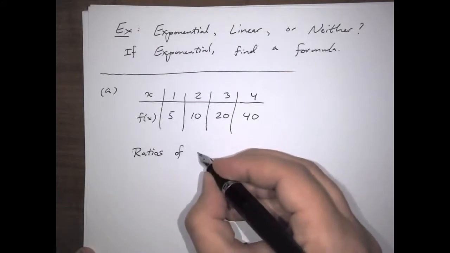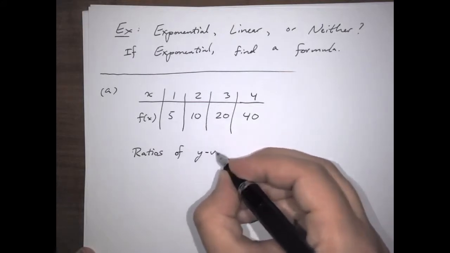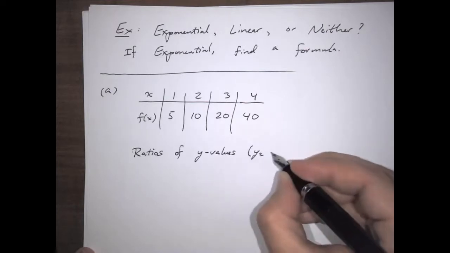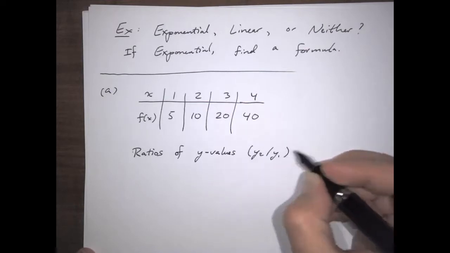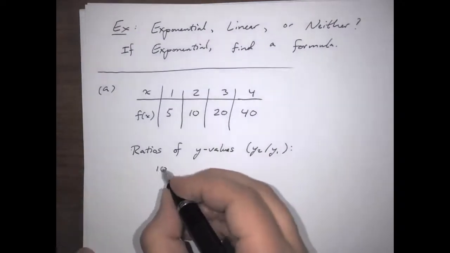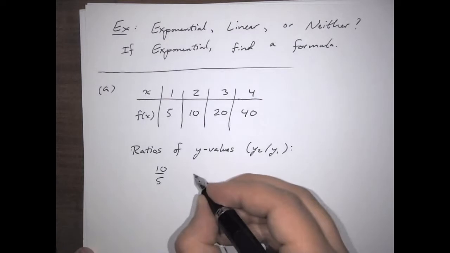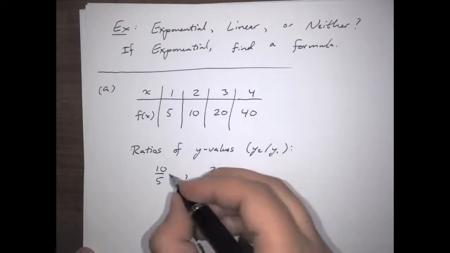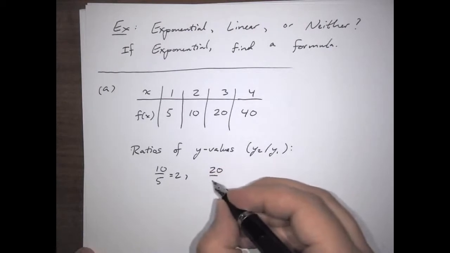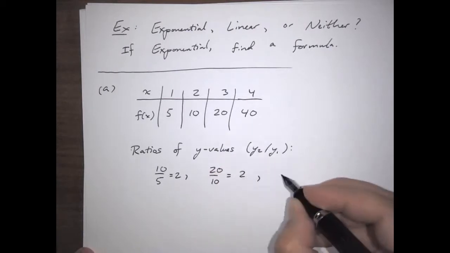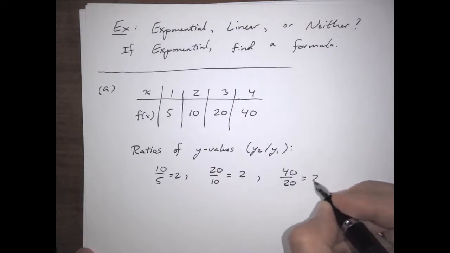So we might actually be able to jump to an immediate conclusion here, but just to be consistent, let's look at the ratios of the y values. And in particular, it's y2 over y1. So in other words, later y divided by earlier y. So 10 over 5, 20 over 10, which is the same as just 2, and then finally 40 over 20, which is again 2.